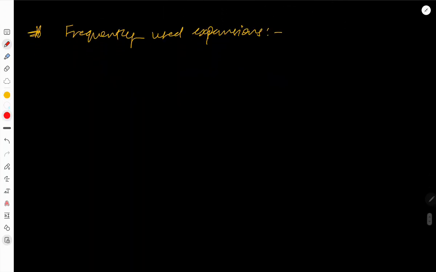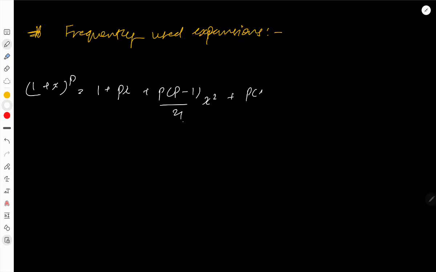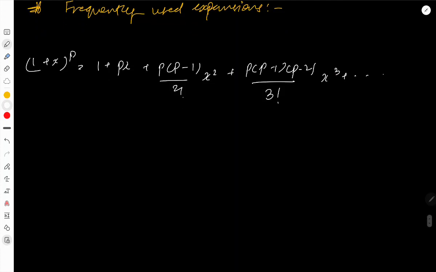Number 1, (1 plus x) to the power p is 1 plus px plus p into (p minus 1) upon 2 factorial into x square plus p into (p minus 1) into (p minus 2) upon 3 factorial into x cube and so on, if mod x is less than 1.